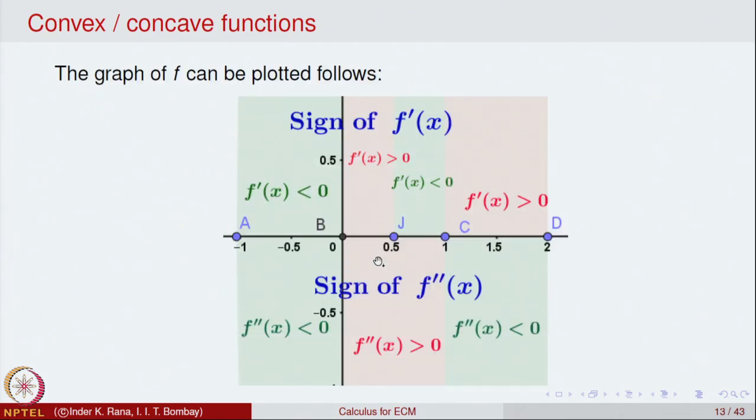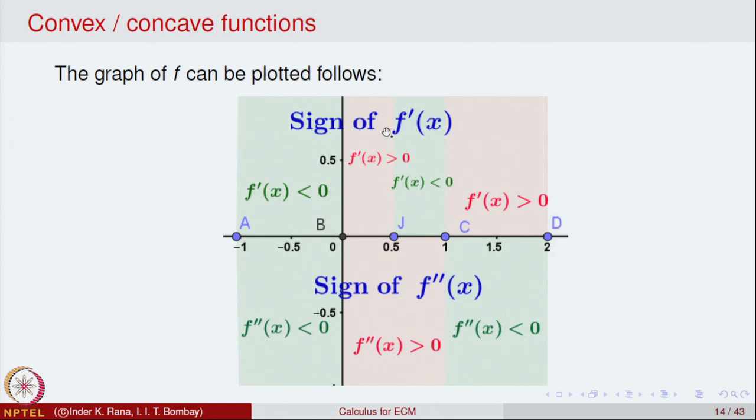So, let us see what the graph looks like. To draw the graph, it is advisable to look at the domain, that is the interval minus 1 to 2. In that portion, look at the intervals where the derivative, if it exists, is bigger than 0 and less than 0.